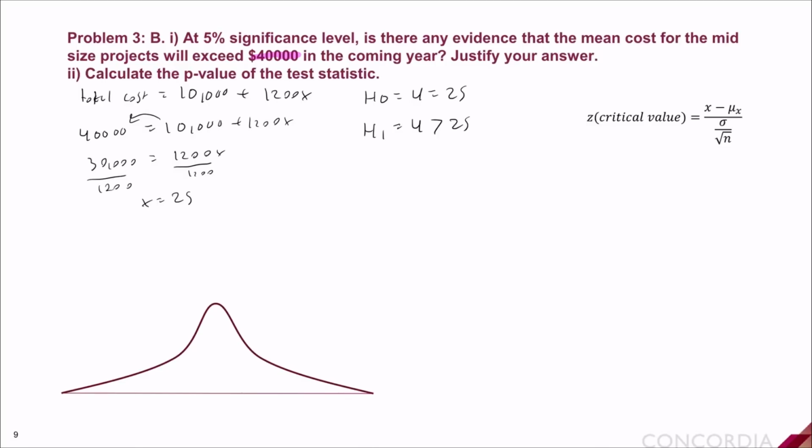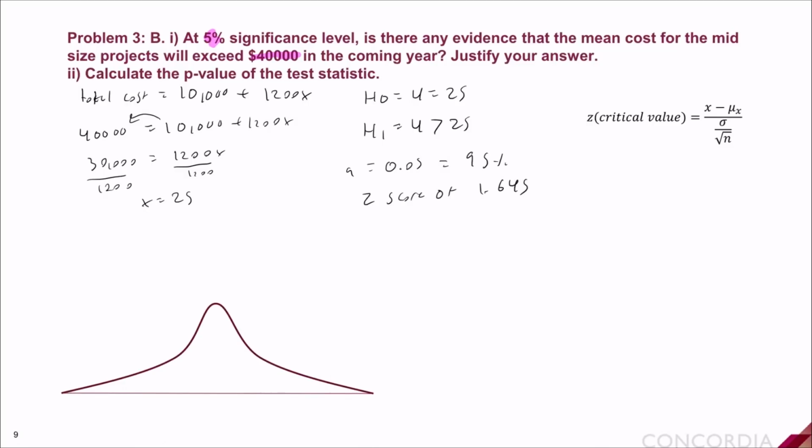Now we could move on to finding the Z score. Given a significance level of 5%, and since we're only dealing with above 25, it's one-sided, we could simply look up 0.05, which is our alpha, on the Z-score table, which would be equivalent to looking up 95%, and that would give us a Z-score of 1.645.